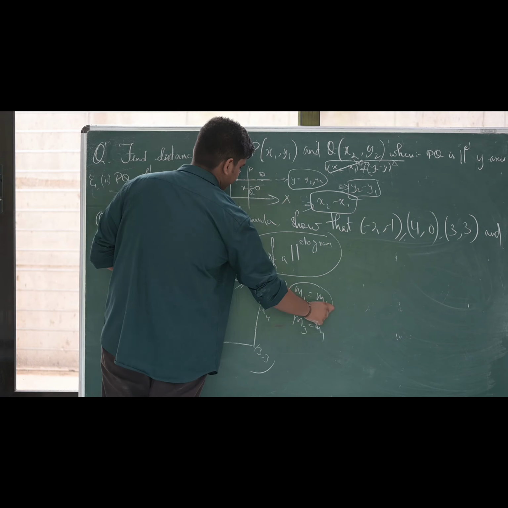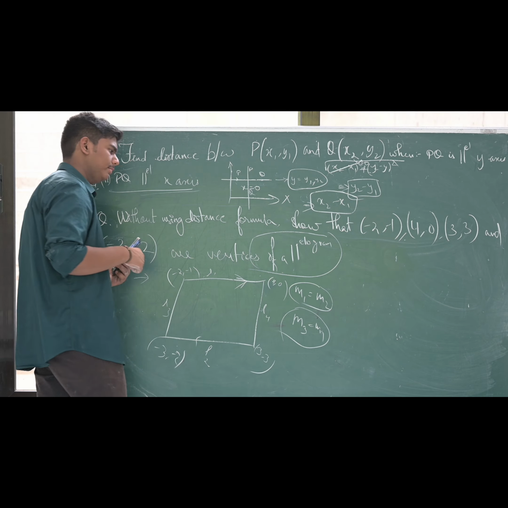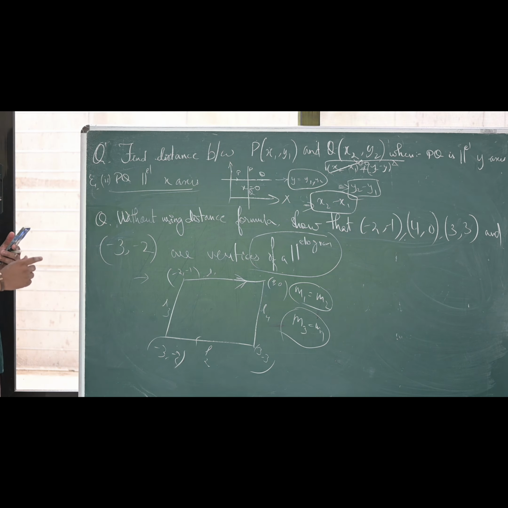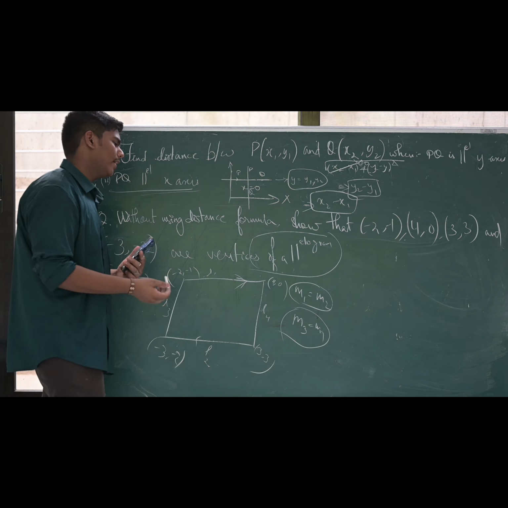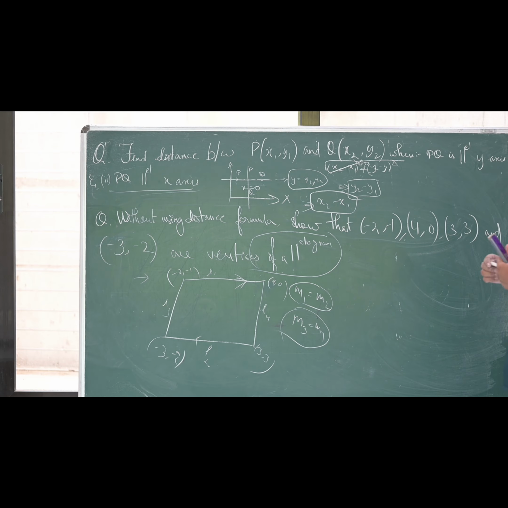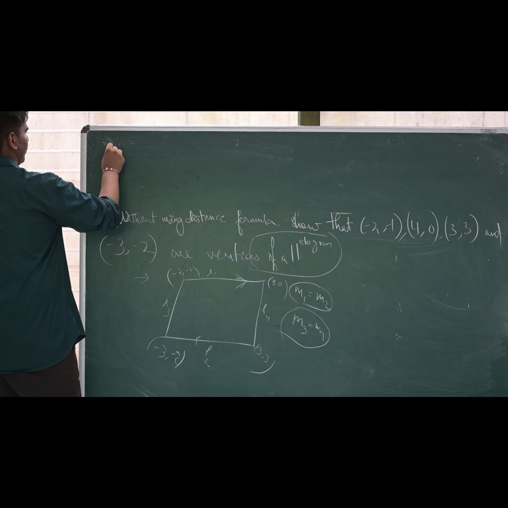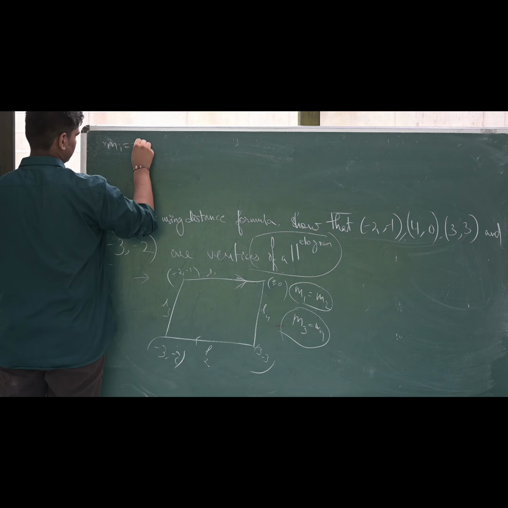We know that m1 is equal to m2, m3 is equal to m4. Then will it be a parallelogram? It will be a rectangle, but all rectangles are parallelograms. Am I right? You have seen in grade 8 or 9 the relations between shapes: all rectangles are parallelograms, but not all parallelograms are rectangles. Okay?